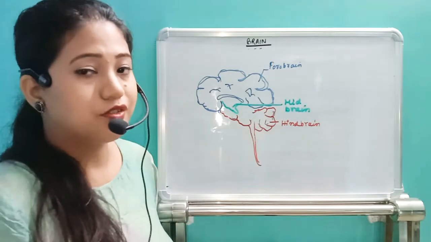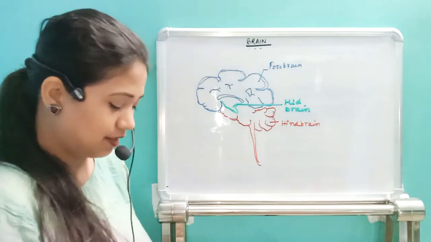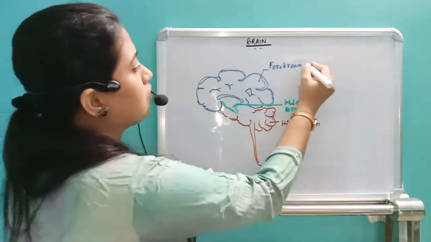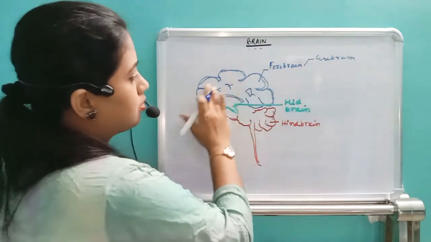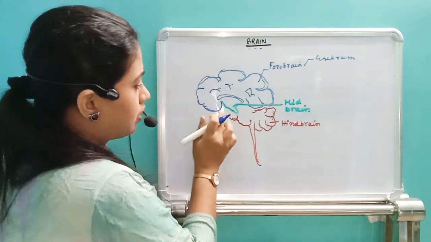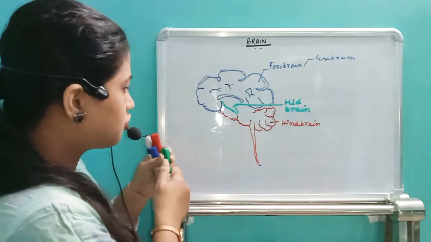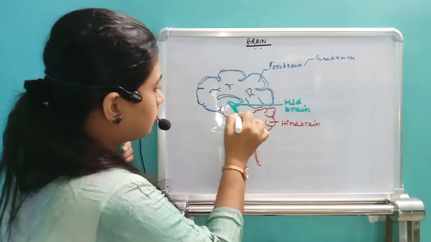First of all, the forebrain has a number of parts in it. What are they? In the forebrain, the maximum part is covered by the cerebrum. So this is the cerebrum. Then, sorry, this is not exactly like this, it will be a little smaller.